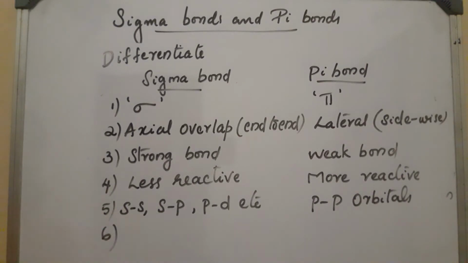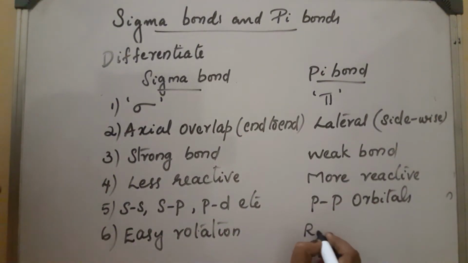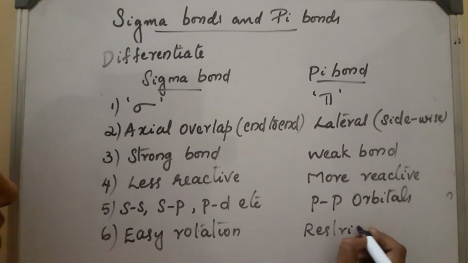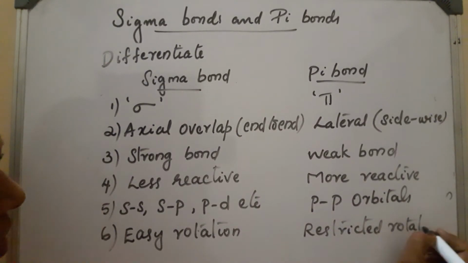In this case, axial rotation is possible. But in the case of pi bond, restricted rotation is taking place. How is it restricted to rotation?